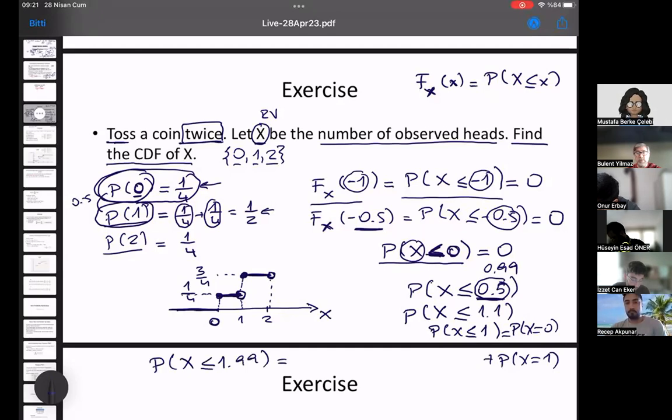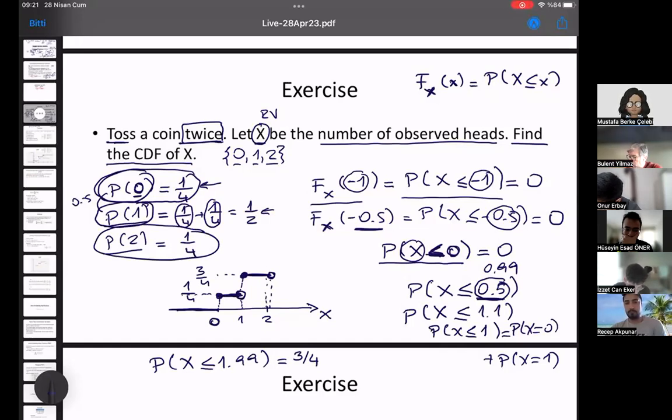What is the probability of obtaining x less than or equal to 1.99? It is still 3 over 4, right? Until this point, it is still 3 over 4. It didn't touch 2 because this thing has not been included in the CDF yet.